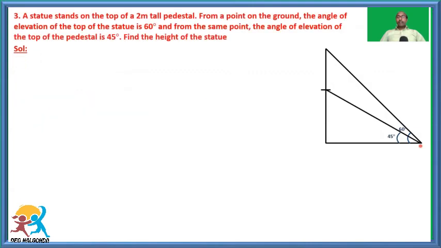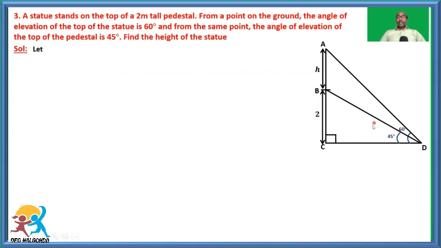So now take A, B, C, D. Here we have 90 degrees. And the measurements are, AB is not given. Take it as H, which we have to find here. And BC is given. The height of the pedestal is 2 meters.